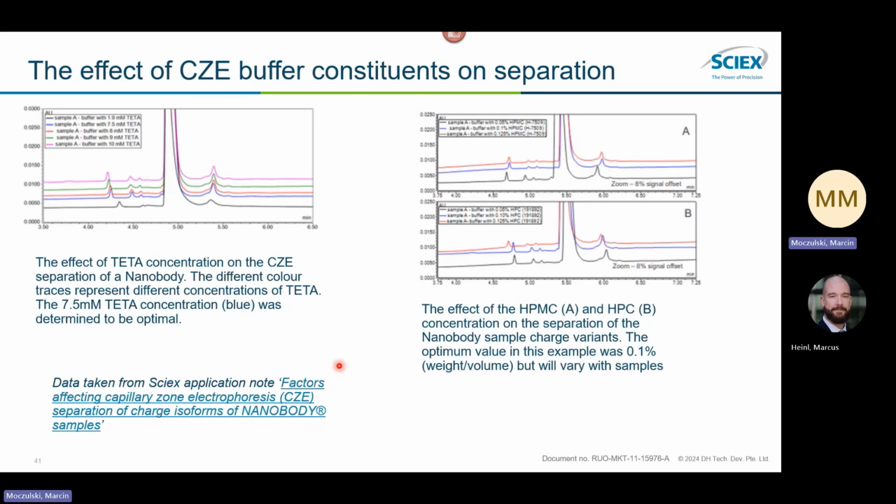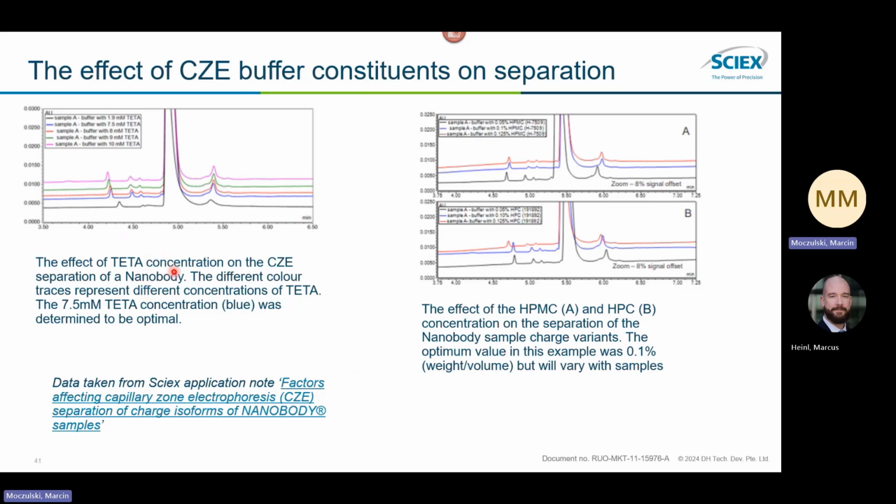We can also modify the buffer provided in the kit. On the next two slides, I would like to present some work done and presented in one of the SCIEX application notes, related to factors affecting capillary electrophoresis separation of charged isoforms of nanobody samples, where we can modify the presence of triethylenetetramine as a capillary wall modifier and see how it affects separation.